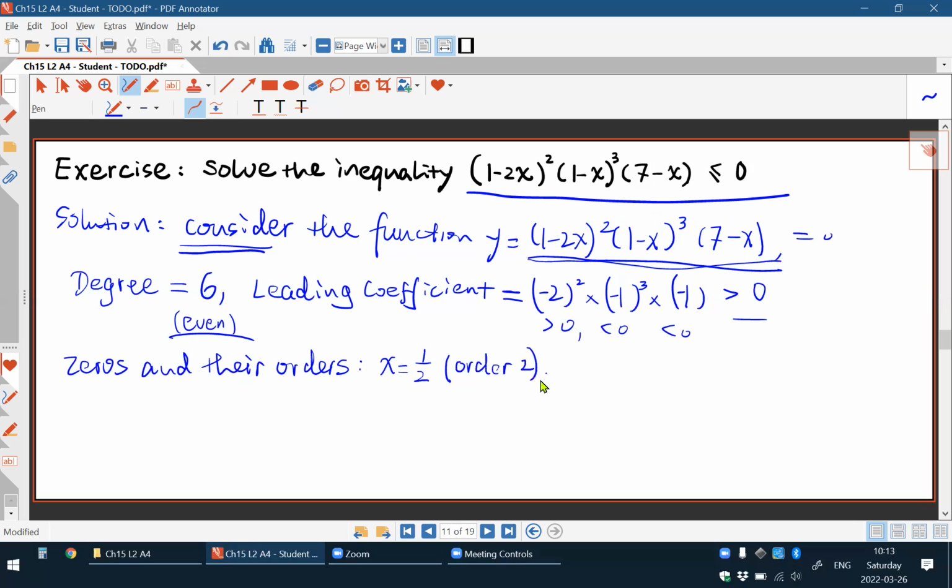The next, x can be 1 with order 3. Then x can also be 7 with order 1. If we don't write anything here, by default the order is 1. So when its order is 1, you don't have to write anything. If it's not 1, please write it explicitly. Okay, then next.